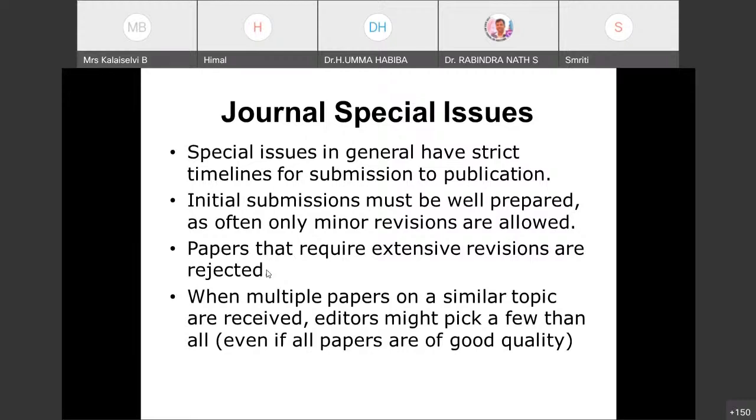When multiple papers on a similar topic are received, let's say that you and I submit a similar topic, the guest editors might pick a few rather than all of those papers, even though all of that work is up to the mark. That decision will be based on different factors. But anyway, you have to keep such things in mind when you are submitting to special issues.